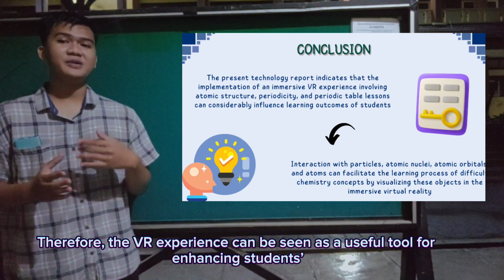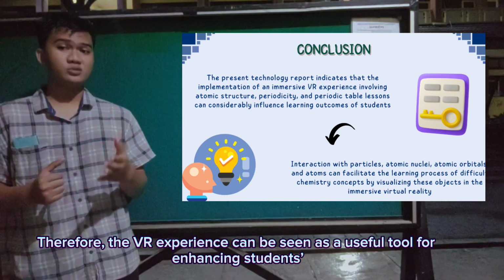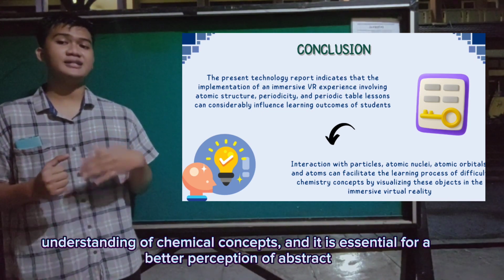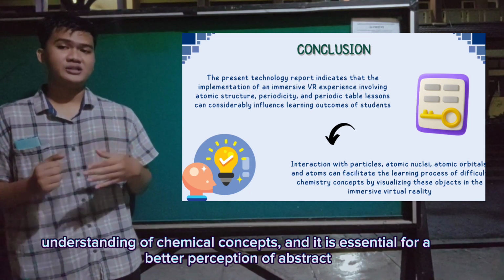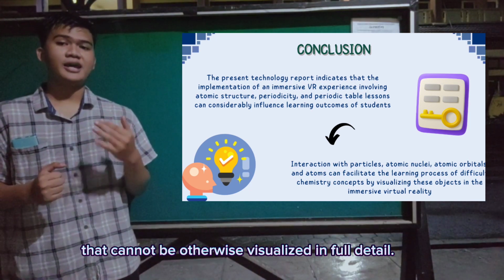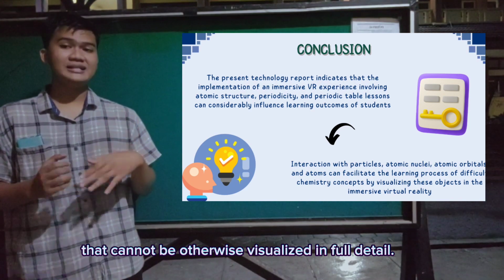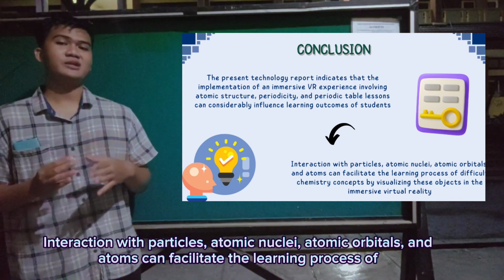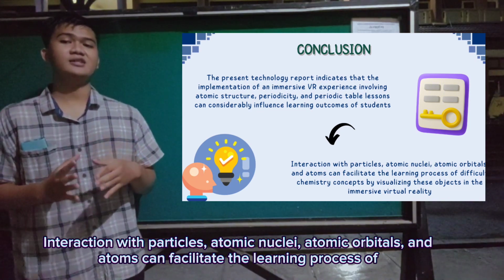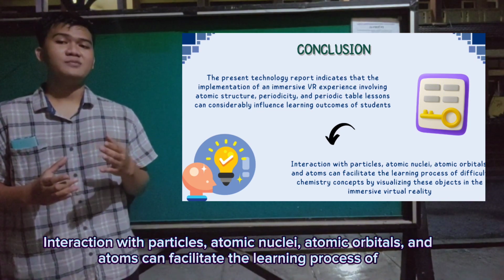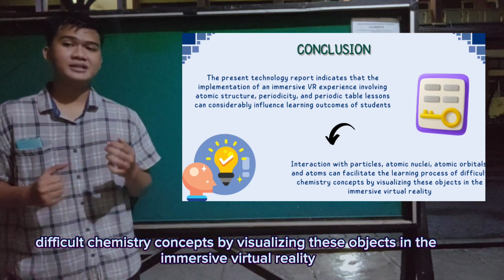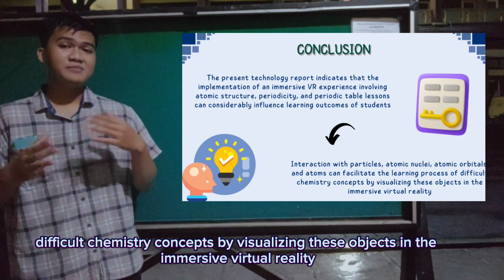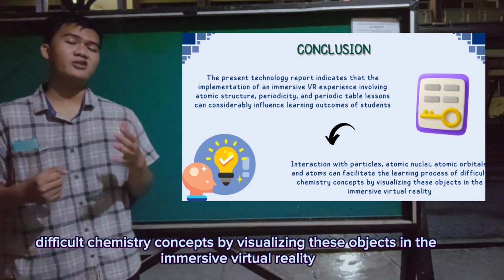Therefore, the VR experience can be seen as a usable tool for enhancing students' understanding of chemical concepts, and it is essential for a better perception of abstract notions that cannot otherwise be visualized in full detail. Interaction with particles, atomic nuclei, atomic orbitals, and atoms can facilitate the learning process of difficult chemistry concepts by visualizing these objects in immersive VR or virtual reality.